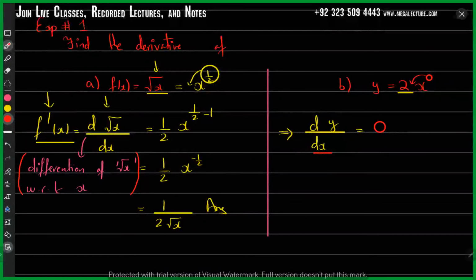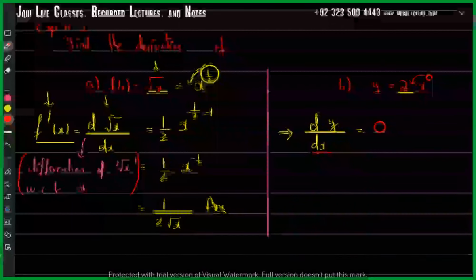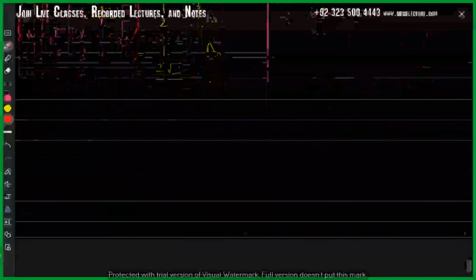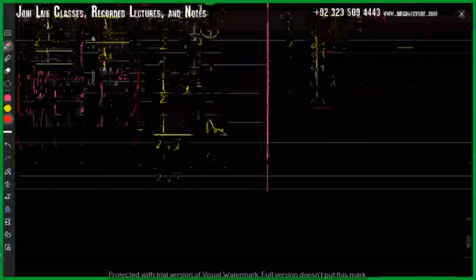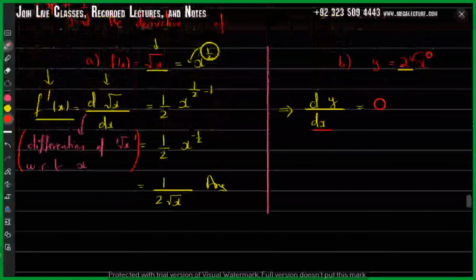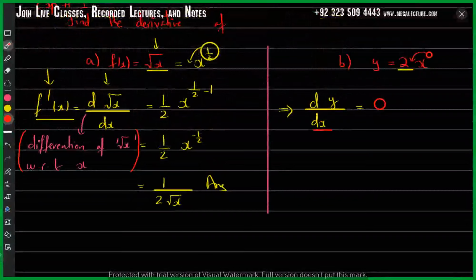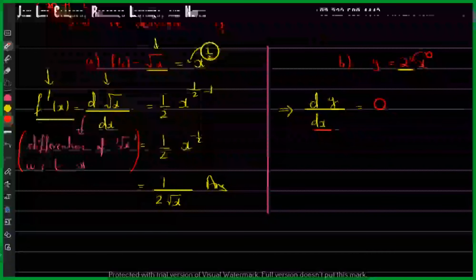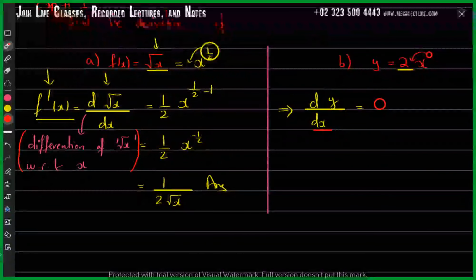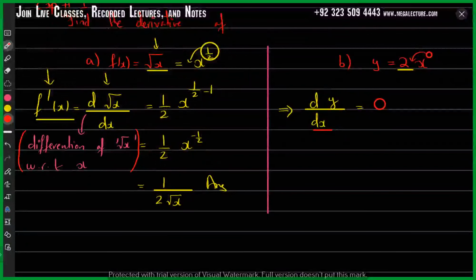Let's talk about two more examples this time around. Miss, we could have done that x to the power of 0 is equal to 1, right? Yes. Again, that would basically be a number.